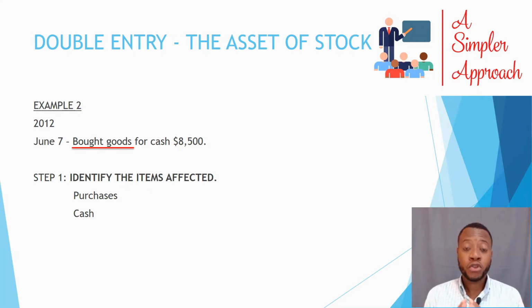So straight away, we know the first item affected here: purchases. Second item, how did we acquire these goods? For cash, which means we paid cash for it. Cash, therefore, is the second item affected. So our two items affected, purchases and cash. Cool.